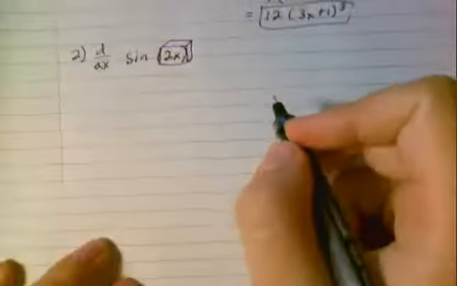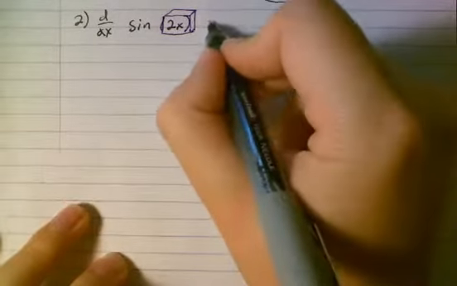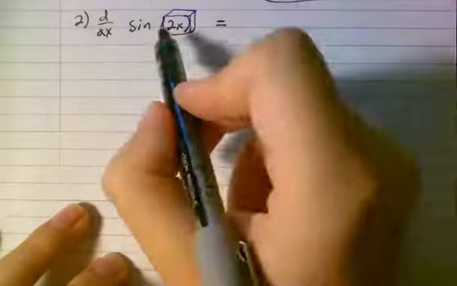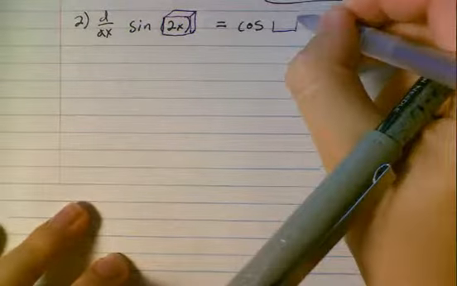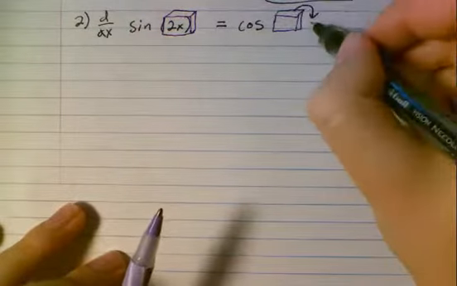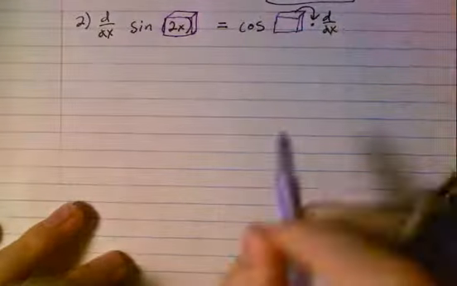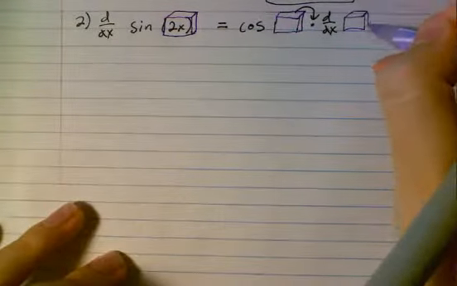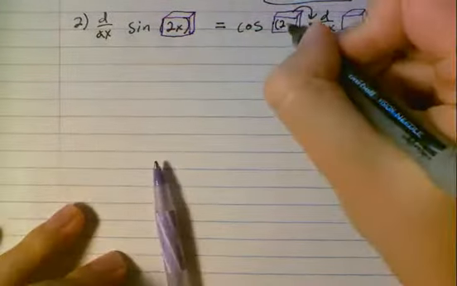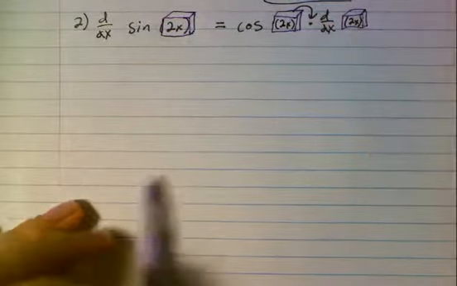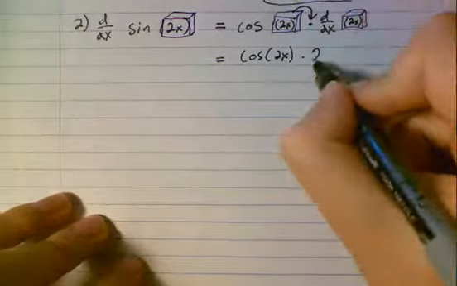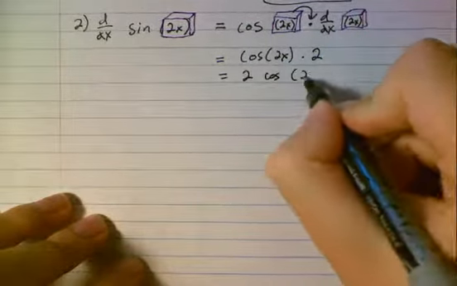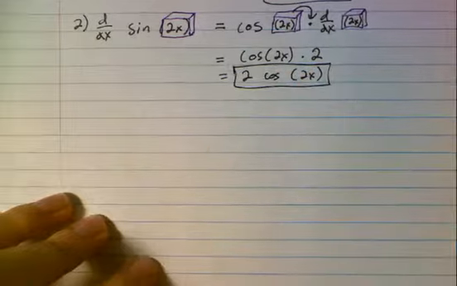And so that means that we're going to take the derivative of the sine, which is cosine, of whatever's in the box, and then we're going to have to take the derivative of whatever's in the box. In this case, this was 2x, and that's 2x. So cosine of 2x, then the derivative of 2x is just 2, or 2 cosine 2x. Right like that.